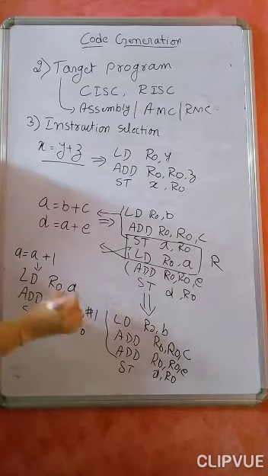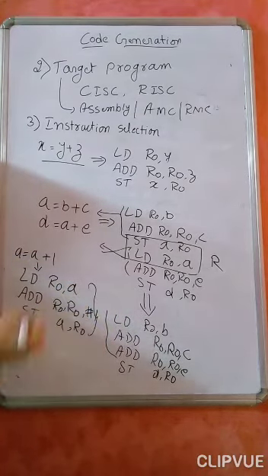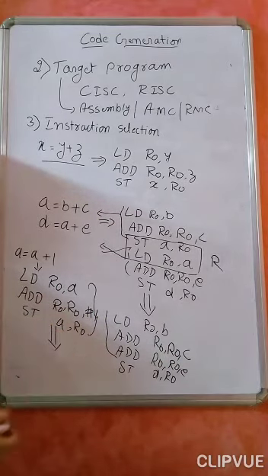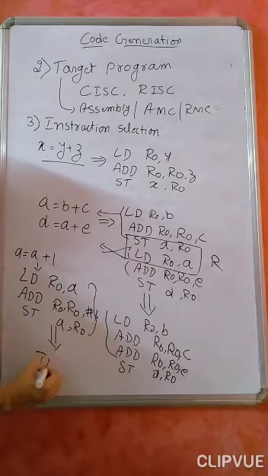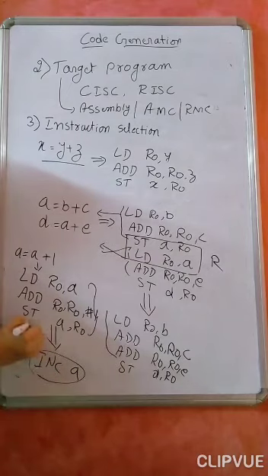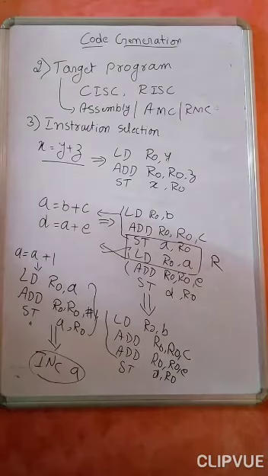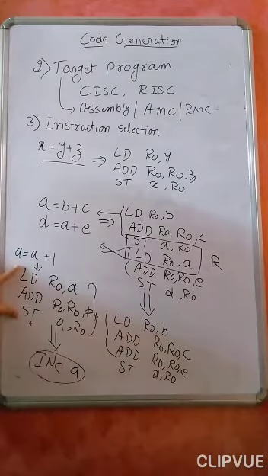So for this I have written a set of three instructions. But instead of writing all of them, if the machine supports an instruction like INC A, you write this one. Why write the different instructions unnecessarily? If the machine supports this increment instruction, then use it.